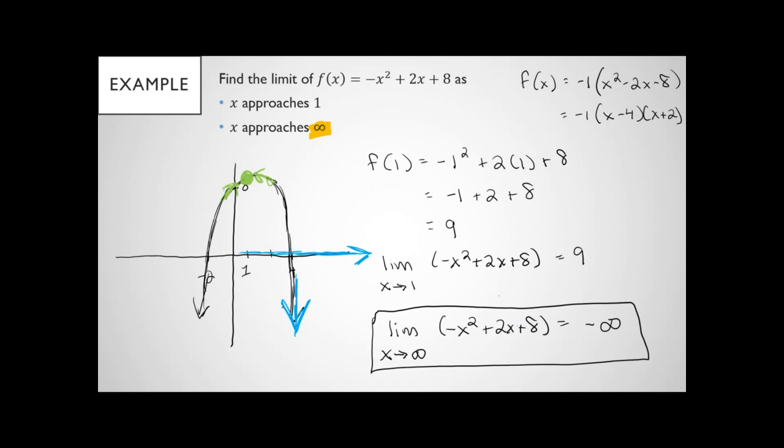It just goes down forever. So that's where the limit comes in handy, because you can't actually plug in infinity and somehow get negative infinity out. You can't plug in those numbers, but you can look at the pattern and see what's happening to the graph to determine where it would go.